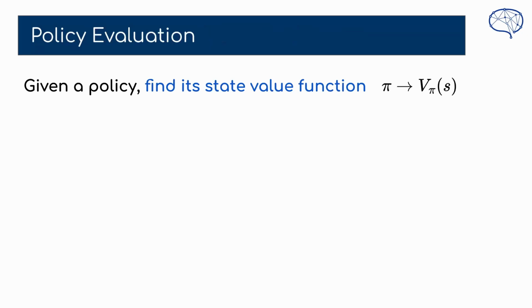So the first thing that we're going to do is policy evaluation. If you have a policy, you want to be able to find the optimal one, but we want to figure out how good our current policy is. And from that, if we already have a policy, we can compute our state value functions using it.